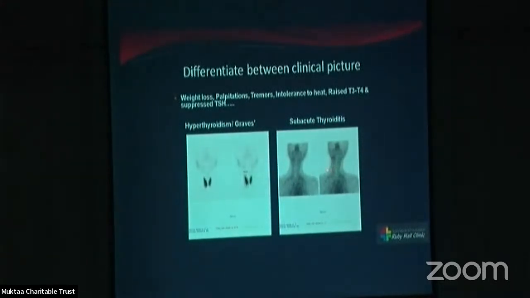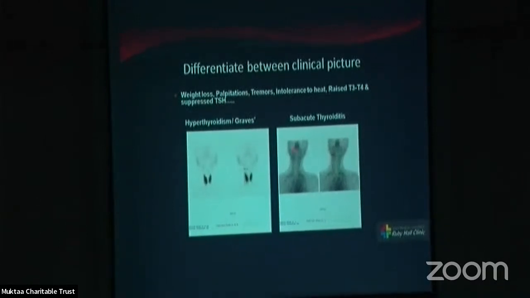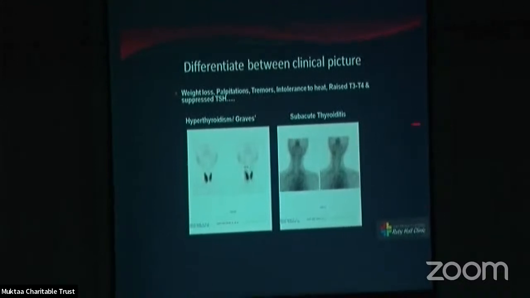Why this has happened is a very simple thing. You will find T3, T4 high and TSH low. Still, the scan picture is like this, and I am saying it is subacute thyroiditis. This happens because when there is a viral or bacterial attack on the thyroid gland, it breaks all the small pouches in which the T4 hormone is stored, and it goes into the blood.